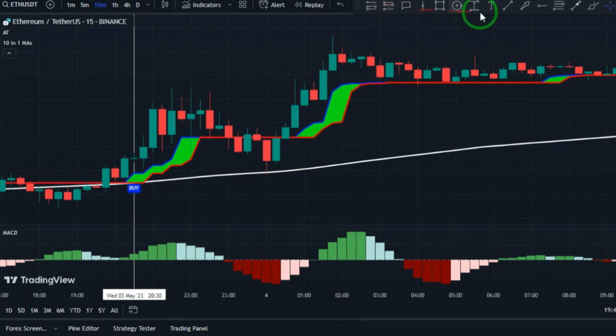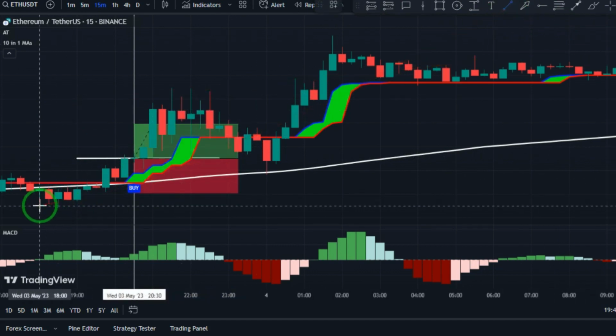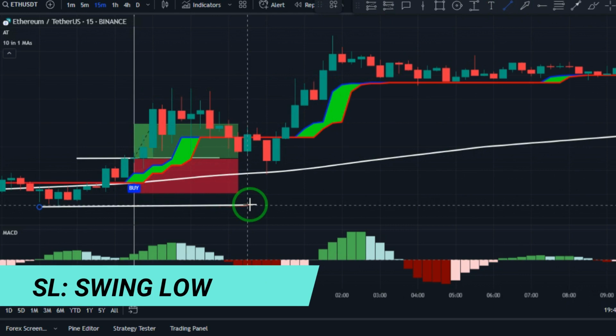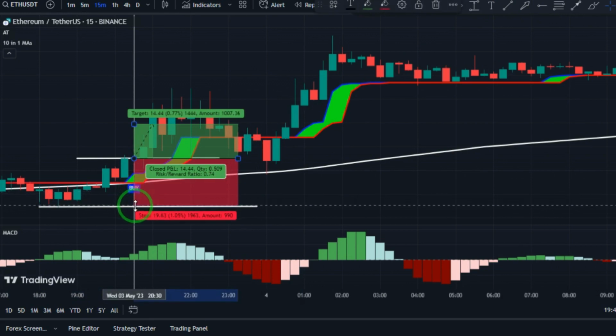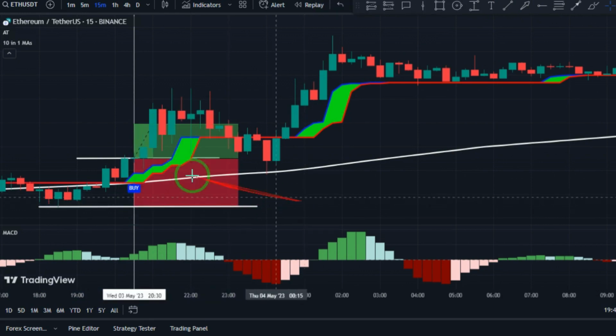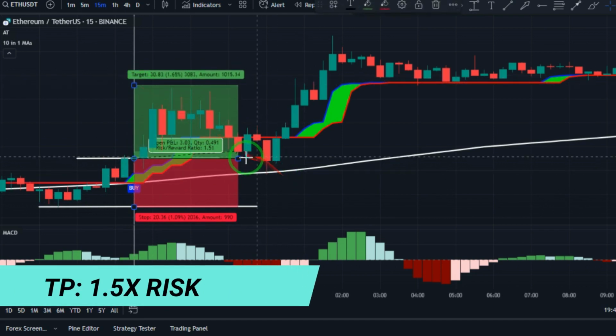Buy at the close of the signal candlestick. Place a stop loss below a recent swing low. And aim for a profit target of 1.5 times the amount of risk.